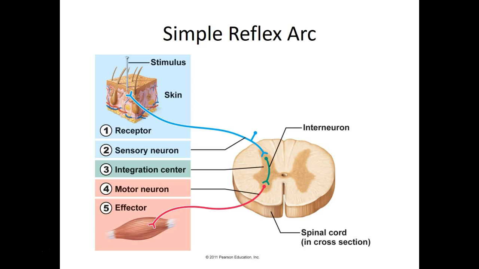A lot of times, that sensory information comes in, and then it gets routed to an efferent motor pathway via an interneuron. So here, when the skeletal muscle is the effector, this is a somatic reflex.